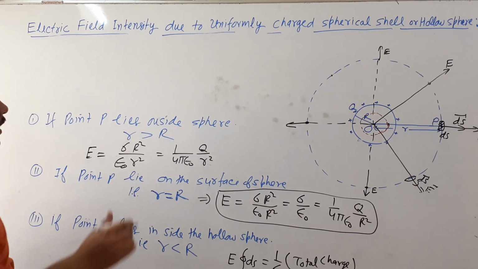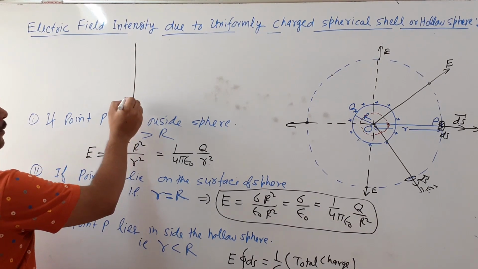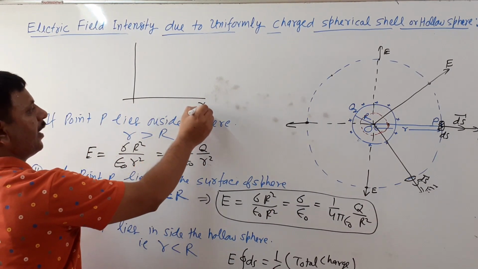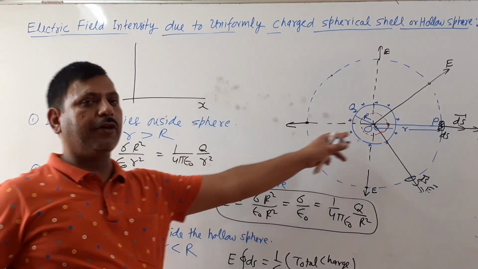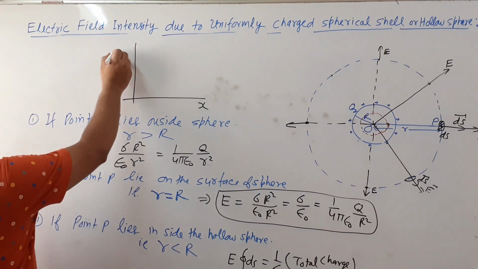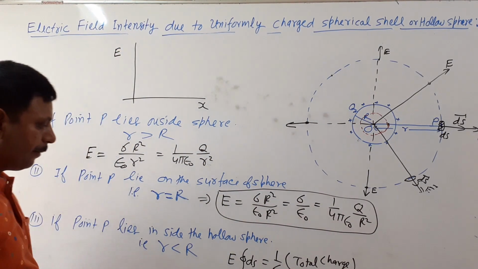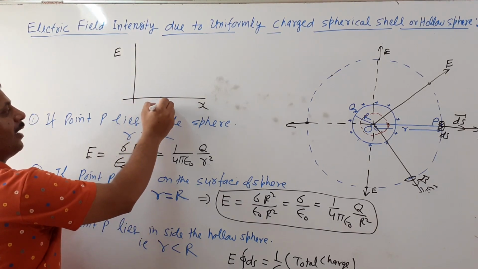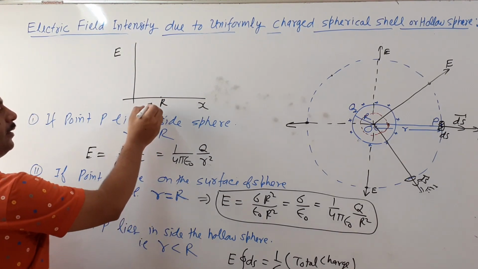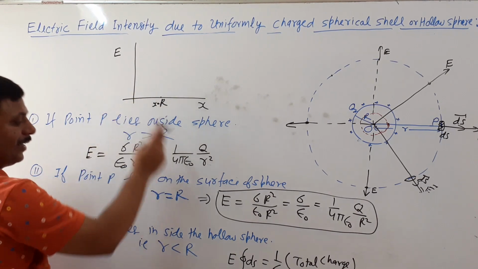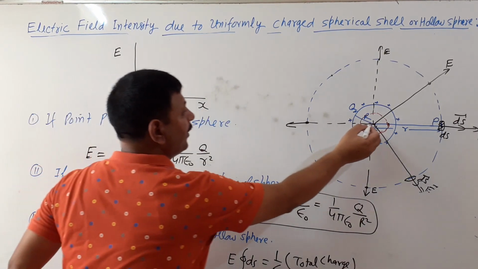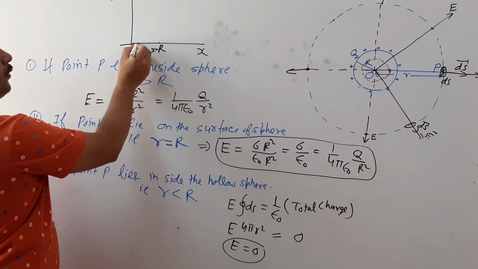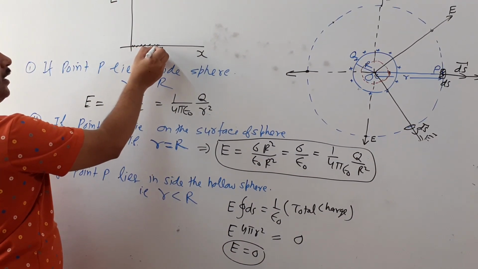If you draw the graphical representation, taking x as the distance from the center, and here is the electric field intensity, you will see inside the sphere, up to x is equal to r, the electric field is 0, 0, 0.